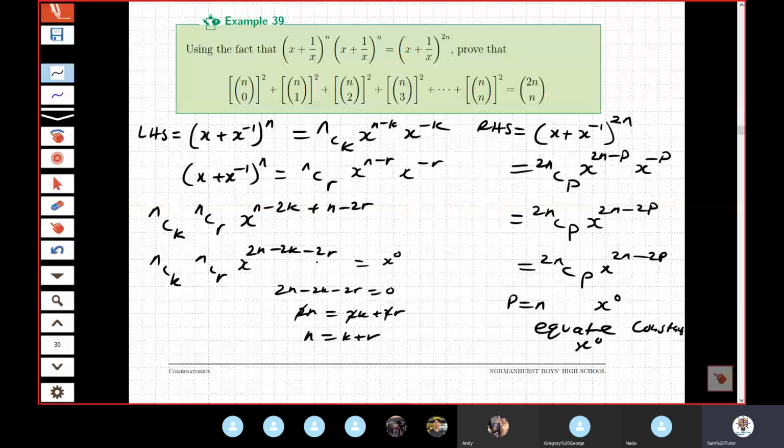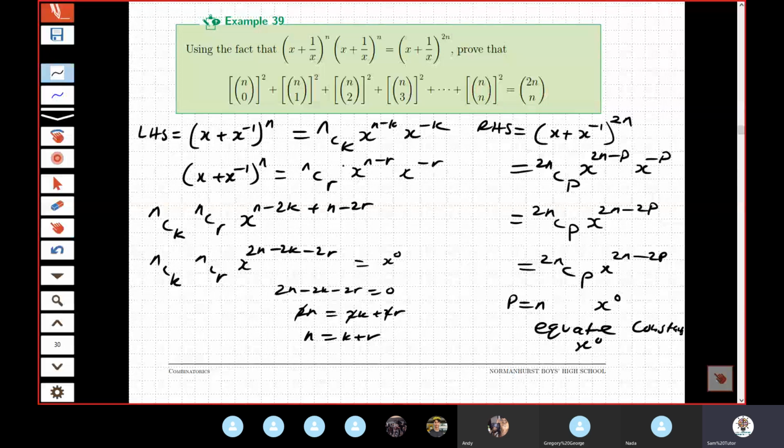Where was I now? 2n minus 2k minus 2r. Okay, n equals k plus r. So as long as your n is the summation of these two. So if k is 0, r can be 10. No, something's going wrong somewhere.